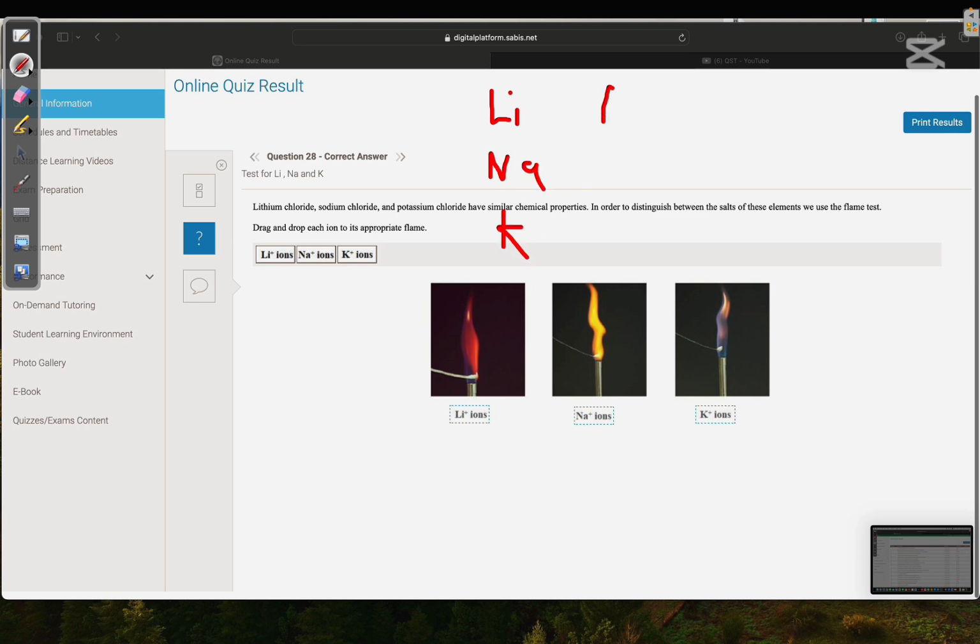We have red, orange, yellow, and lilac or violet. Same thing. So lithium is red, sodium is orange yellow, and potassium is purplish or lilac.